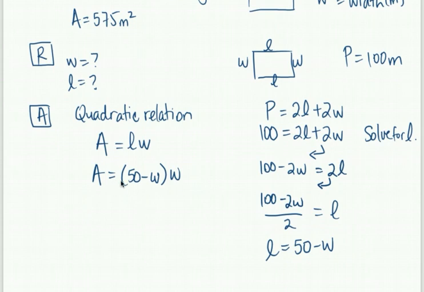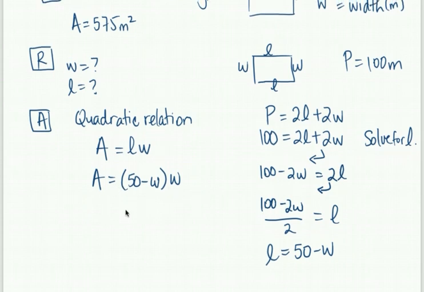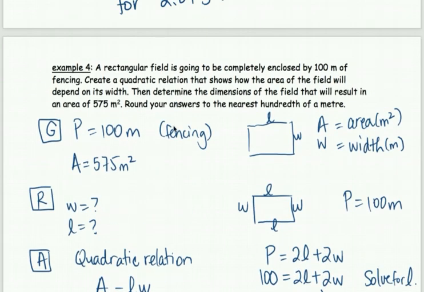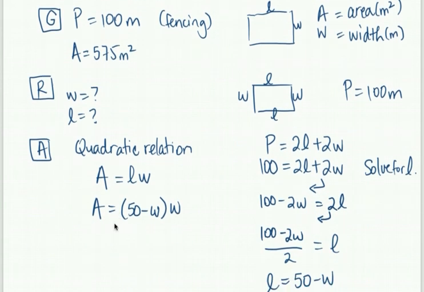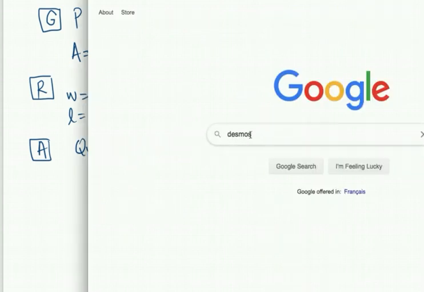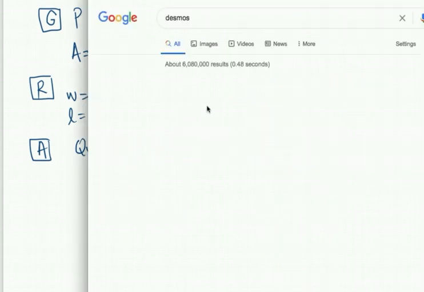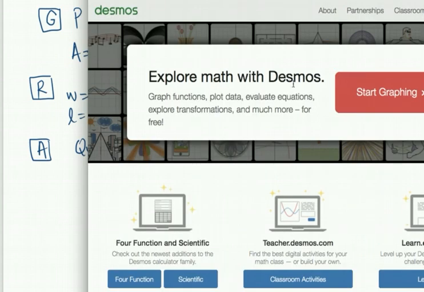Now that we have our quadratic relation, we want to figure out what length and width will give us this area and also the perimeter of 100. I'm going to graph this for you so you can see visually what you're supposed to be finding. Again, Google Desmos. Start graphing and type that in.